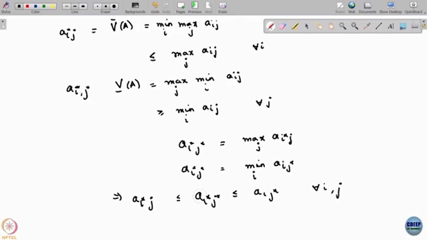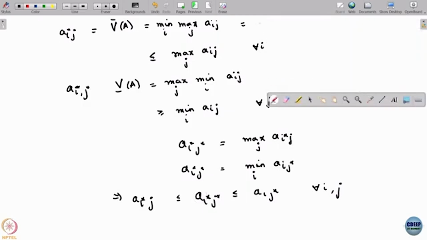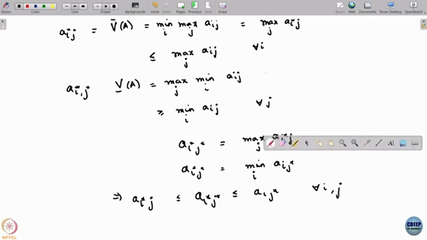So actually, I don't need this to be less than or equal to the point. I actually need just this to be out here. All I need is that this is in fact the max over j of A i star j, and this is min over i of A i j star.